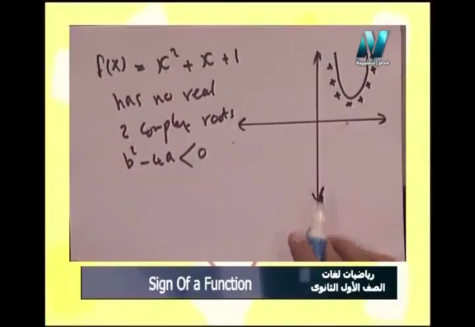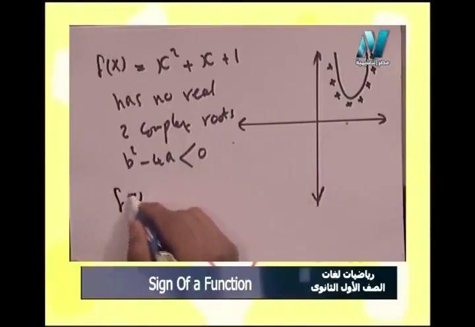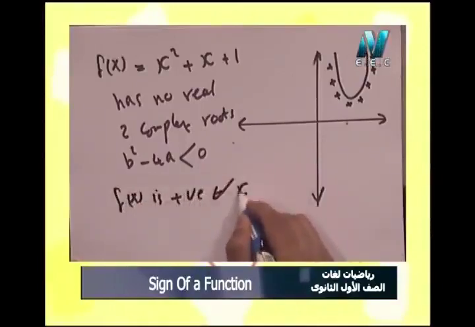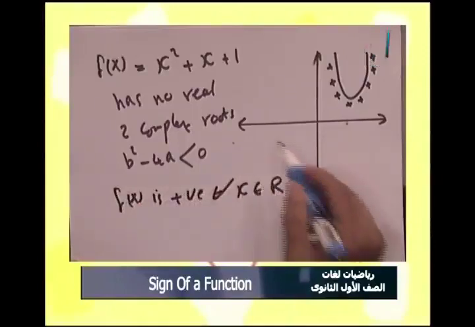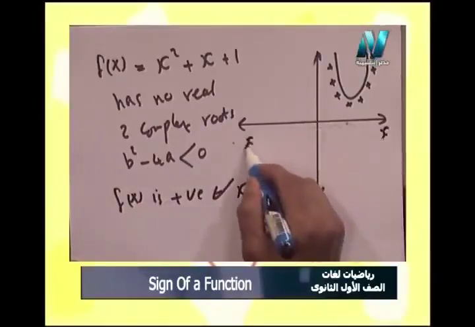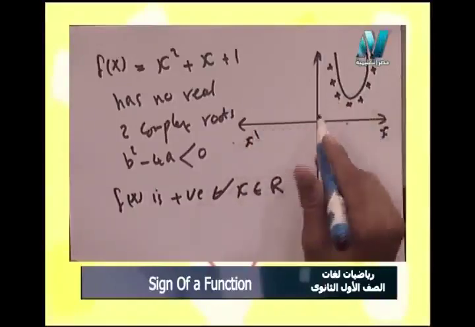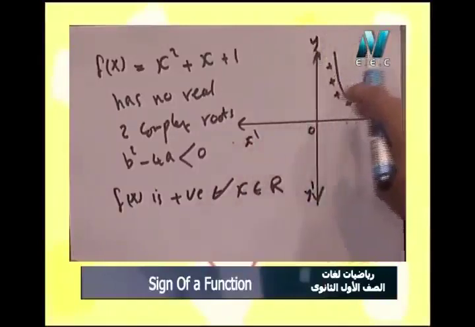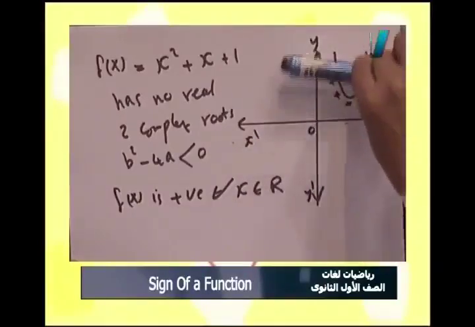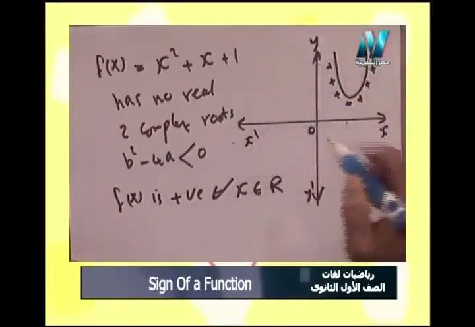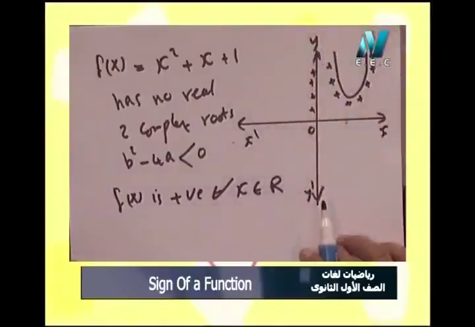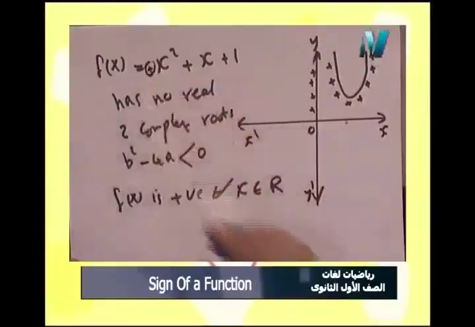So we say that f(x) is positive for all x belongs to R. Here, on x and x dash, the negative part and the positive part, this function will be positive because it lies completely upward of the x-axis. It lies in the positive part of the y-axis, so the function is always positive.